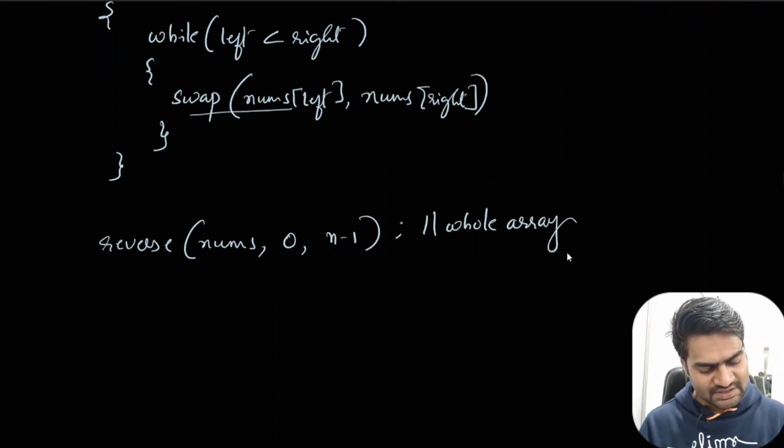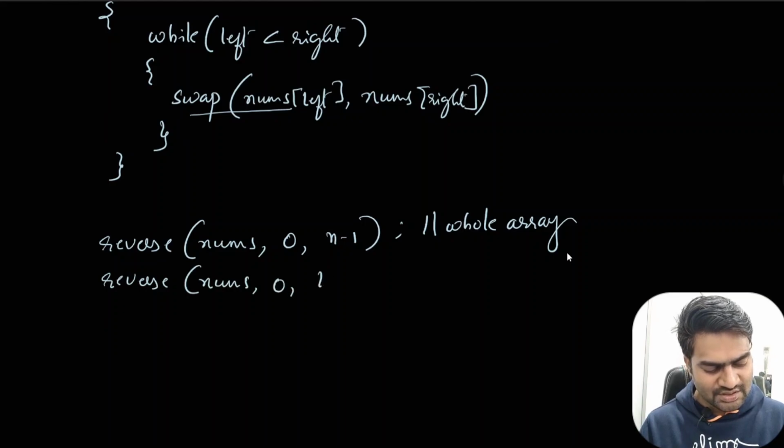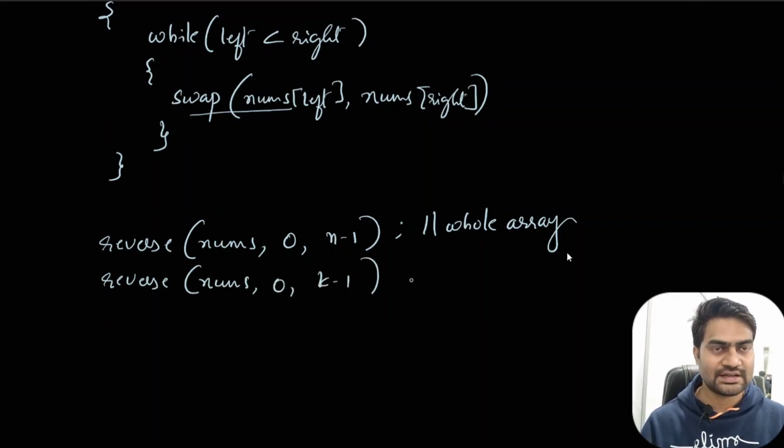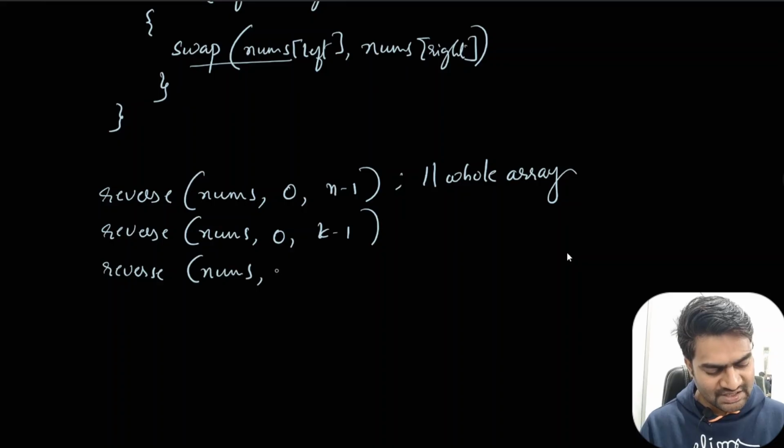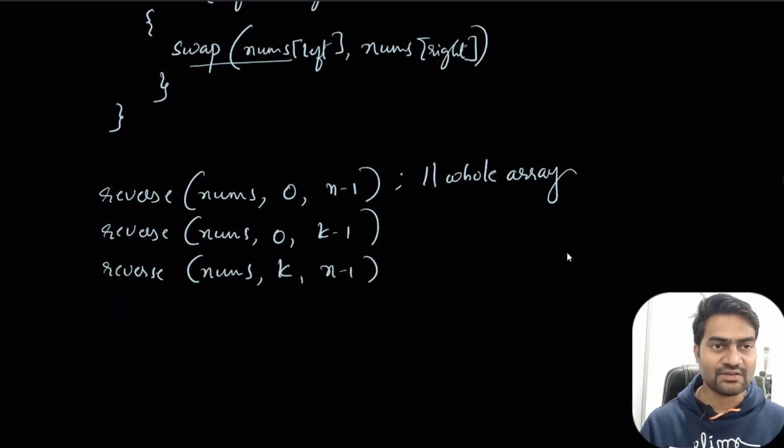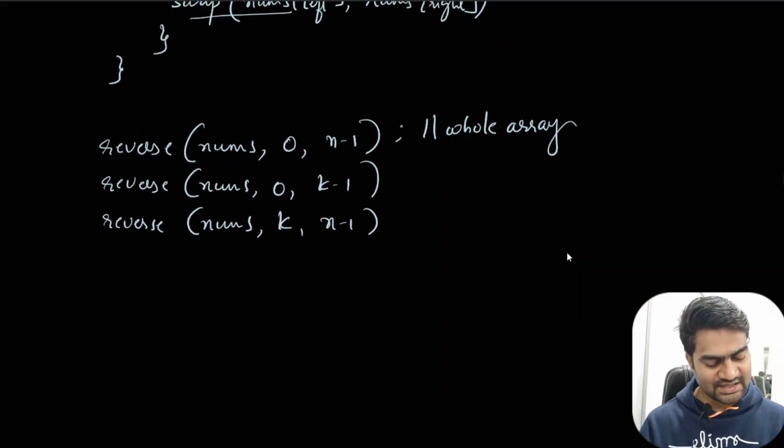Next, I will again reverse, passing nums from 0 to k minus 1. Then again I will call reverse on nums from k to n minus 1, the remaining numbers. So this will give us the rotated array in place, and we don't need to return anything.